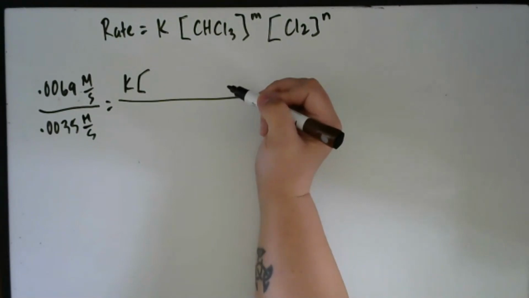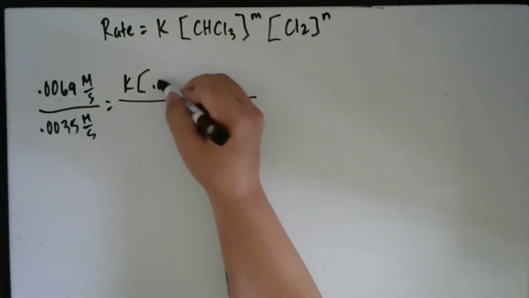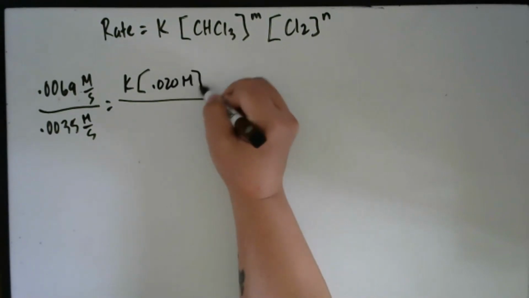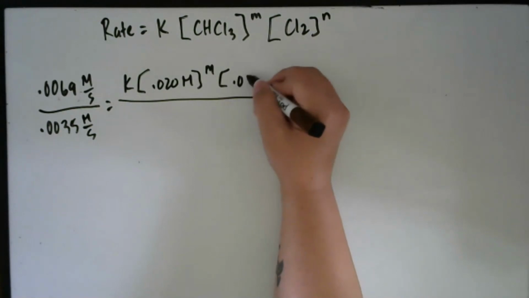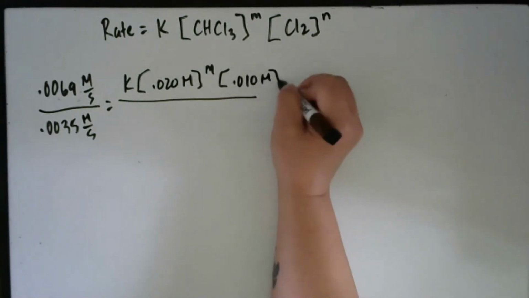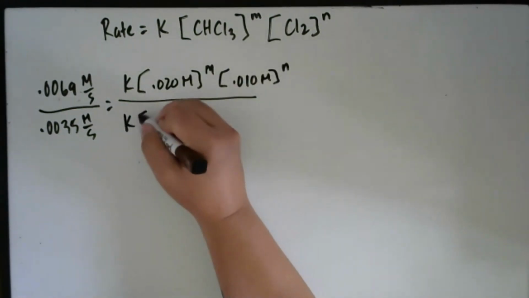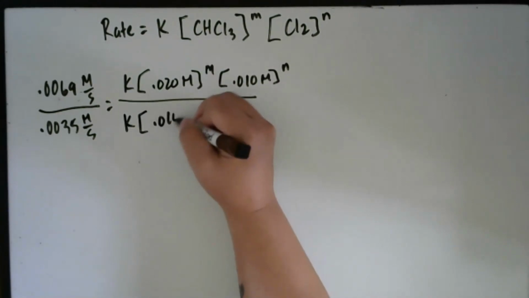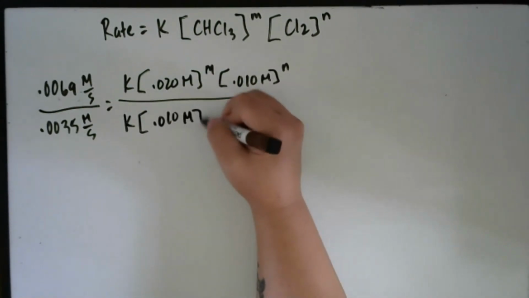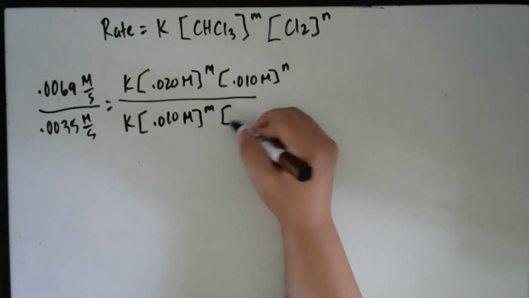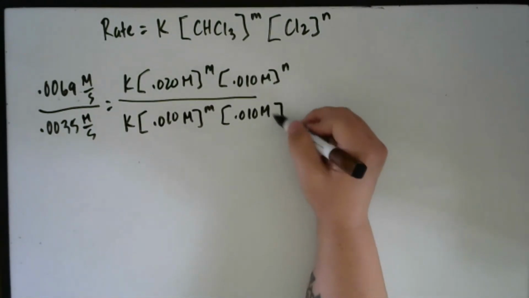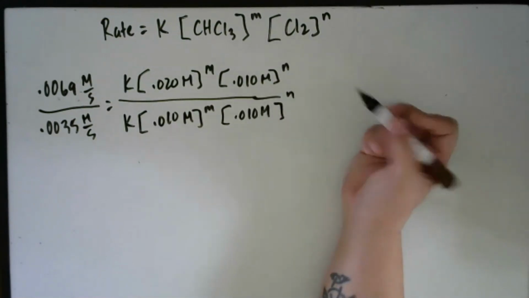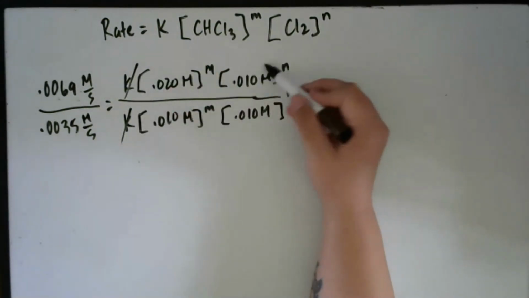The CHCl3 is 0.020. This is 0.010. Okay, so we see what cancels out here.